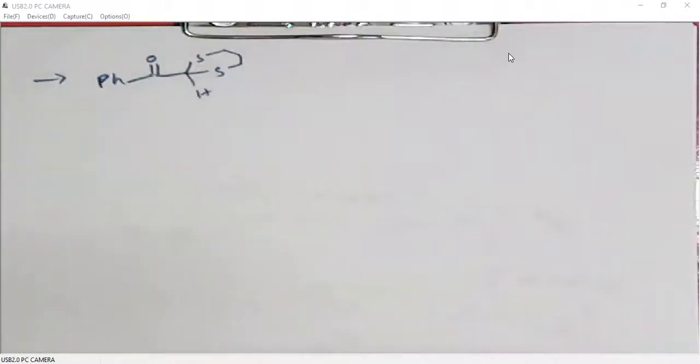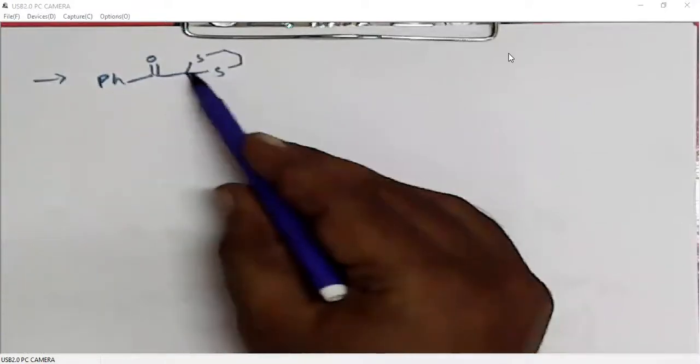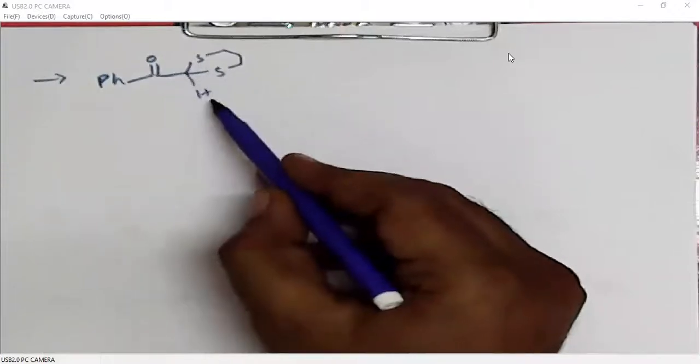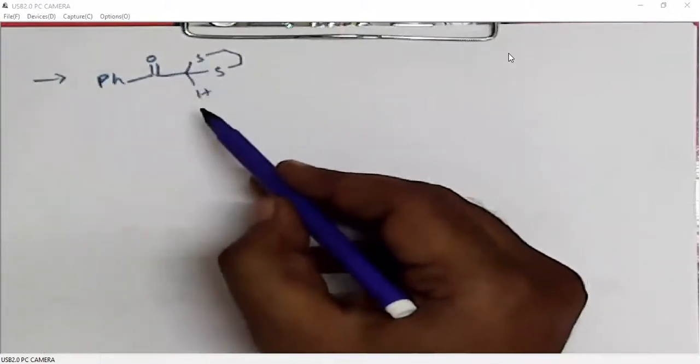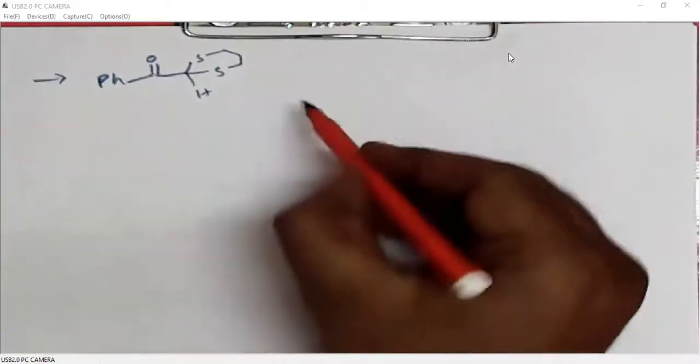So this is what is called Umpolung reactivity. Generally, this proton is not acidic in nature, but when we protect the carbonyl as 1,3-dithiane, then this proton becomes acidic in nature. So reversal of reactivity is called Umpolung reactivity.